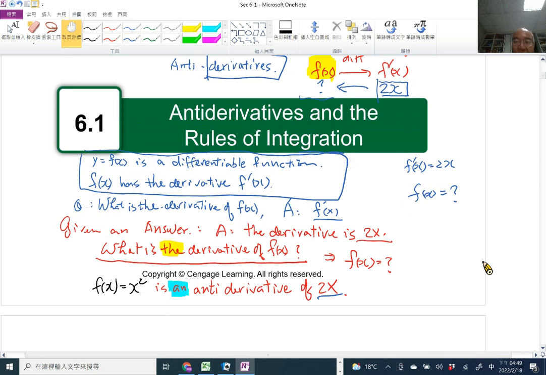Okay. And of course, from our previous experience, we know when f of x is equal to x squared, the derivative is 2x.